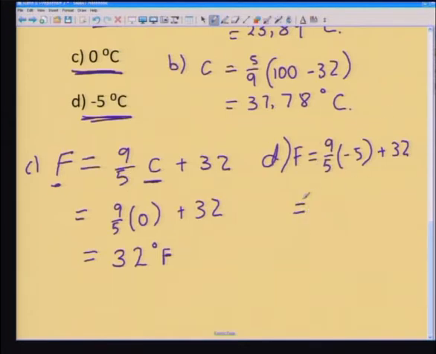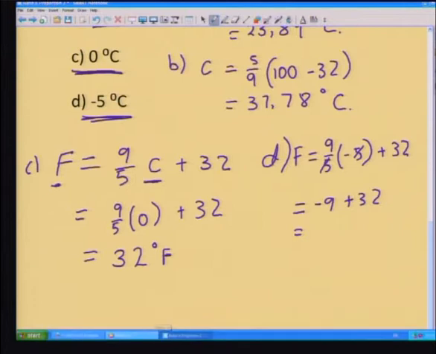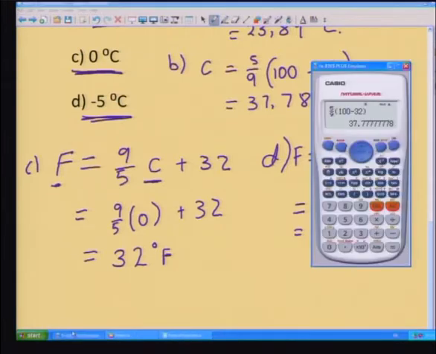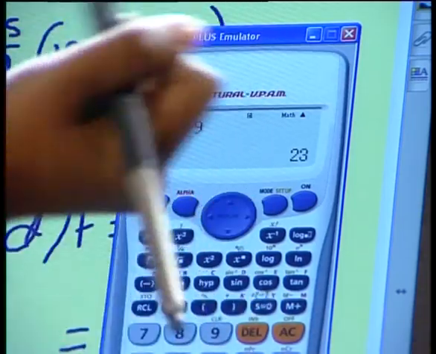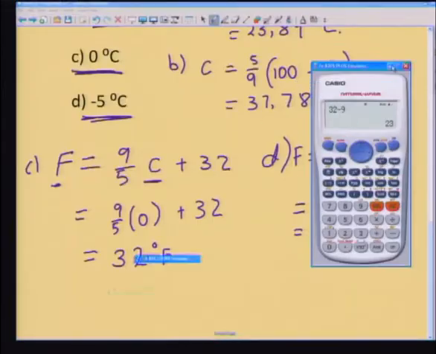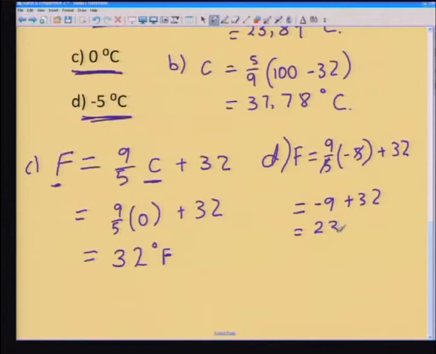This you can put into your calculator, but again, it is an easy one. You could just cancel off your 5s and you will get -9 here. So just simplify that a little bit. Plus 32. And 32 minus 9, if you can't do it in your head, you can do that in your calculator and you get 23 degrees Fahrenheit. So this would be 23 degrees Fahrenheit.